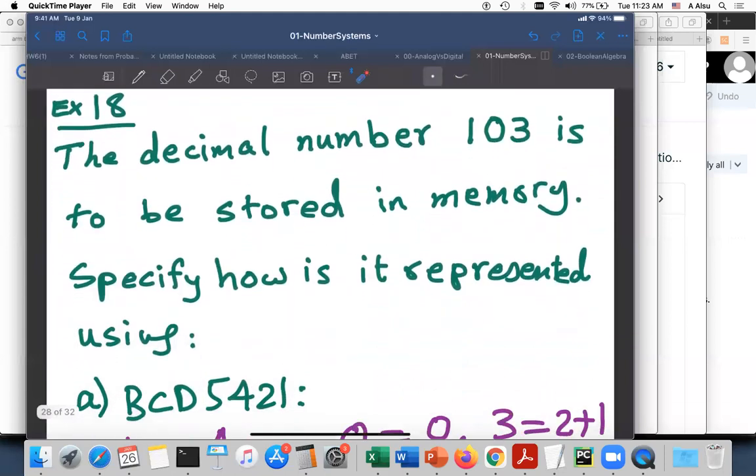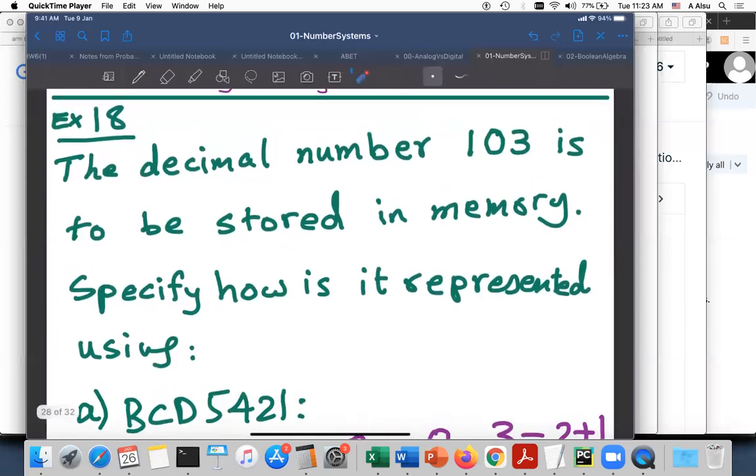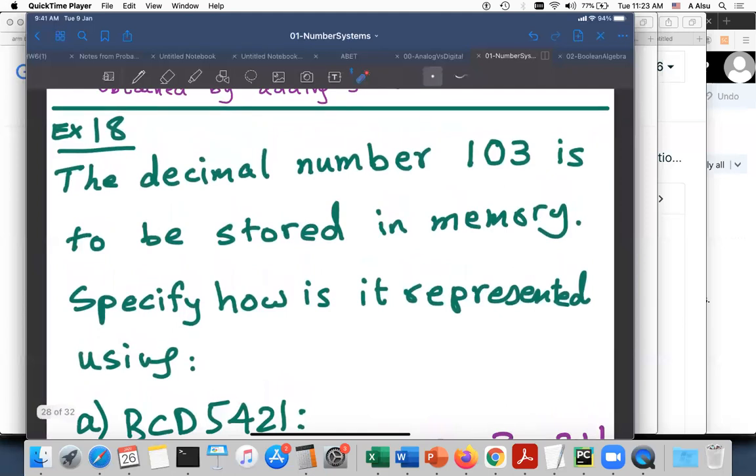The first coding is BCD 5421. So how can we proceed? Who can suggest how we can proceed? The number is too large to be stored in one.